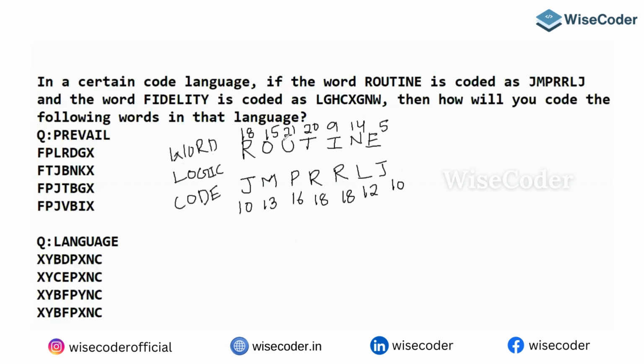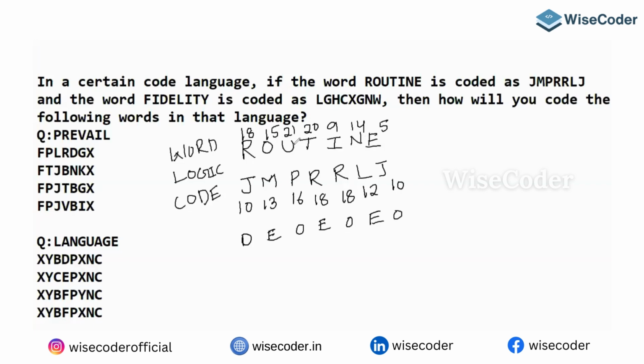Okay guys, if you closely observe, these are odd place values, even, odd, even, odd, even, odd. Look at here -8, here -2, here -5, here +9, then 14 and 12, -2, then 5 and 10, +5.